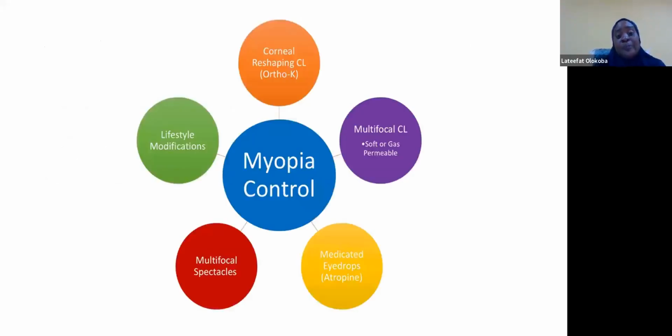So in summary, the interventions for controlling myopia are either lifestyle modification in the form of increased exposure to outdoors, limiting screen time, and limiting near work, or optical methods with the use of multifocal spectacles or multifocal contact lenses, or the use of corneal reshaping contact lenses in the form of auto-K lenses, or the use of medications like low-dose atropine.